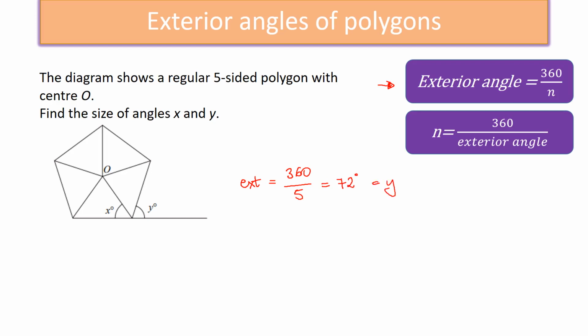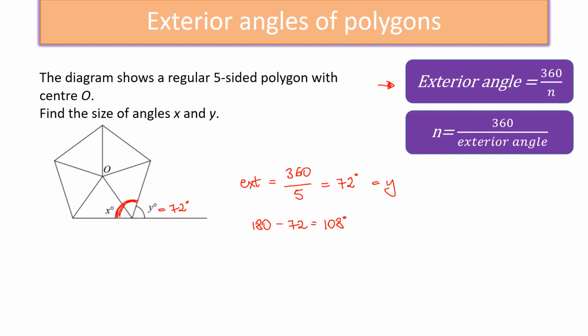So Y equals 72 degrees. Now I know that the interior angle and the exterior angle add up to 180, so I can work out this interior angle by subtracting the exterior angle from 180. That gives me 108, so this interior angle is 108 degrees.